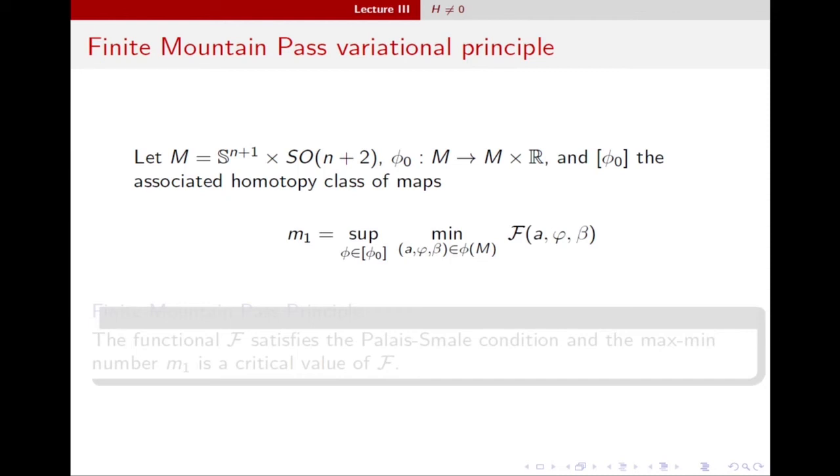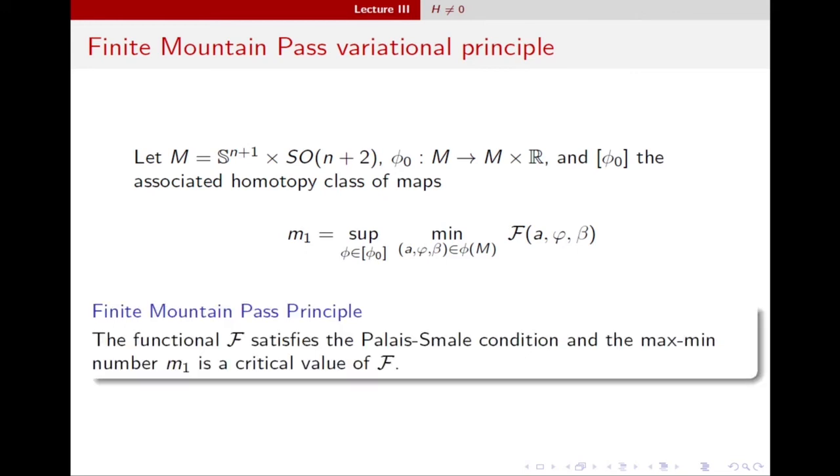And so that gives you this number M1, and of course you need to show that M1 is well defined, and eventually you want to show that it is a critical value for our functional, right? And so essentially to apply this finite mountain pass principle, you need to show that the functional satisfies the so-called Palais-Smale condition.